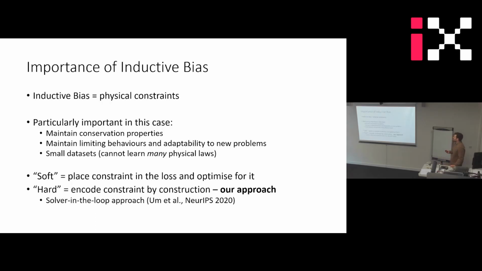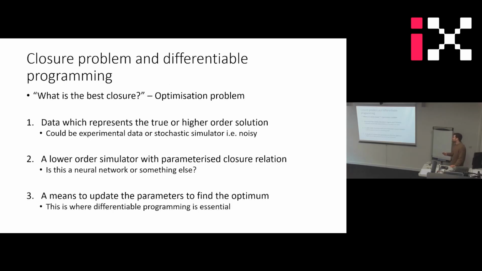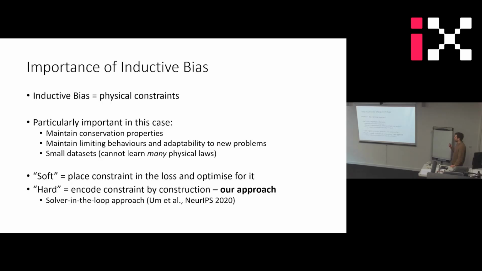So I think probably the most important one is the fact that we're probably going to have really small data sets, because the data we require was maybe from experiment or some higher order solution. They're very expensive, both of them, in time or money or whatever. So we want something that's trainable with small data sets.